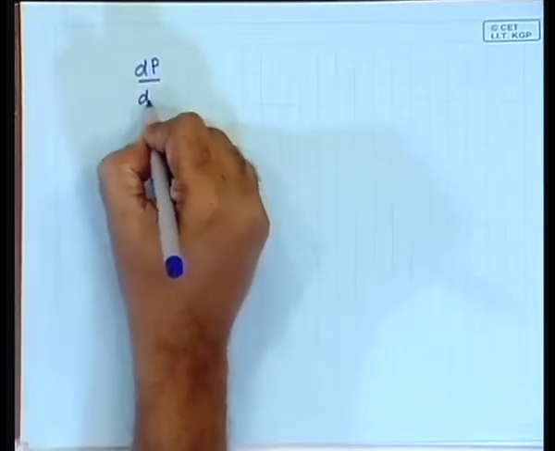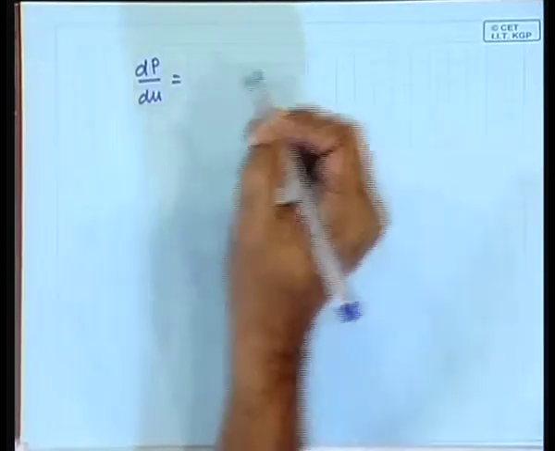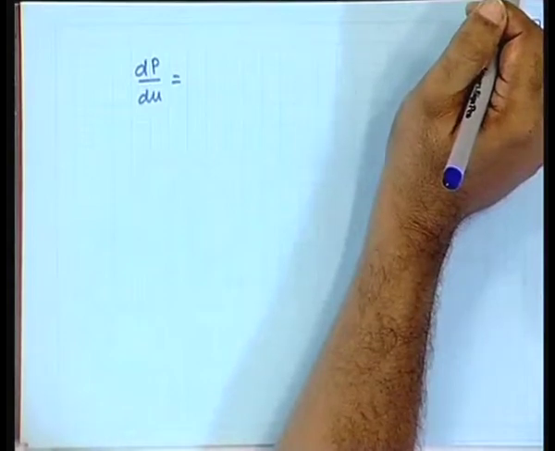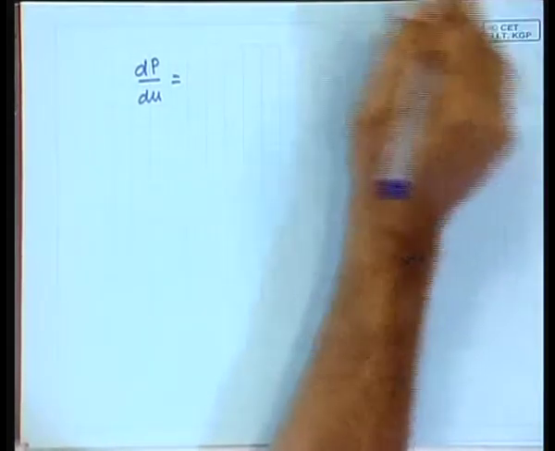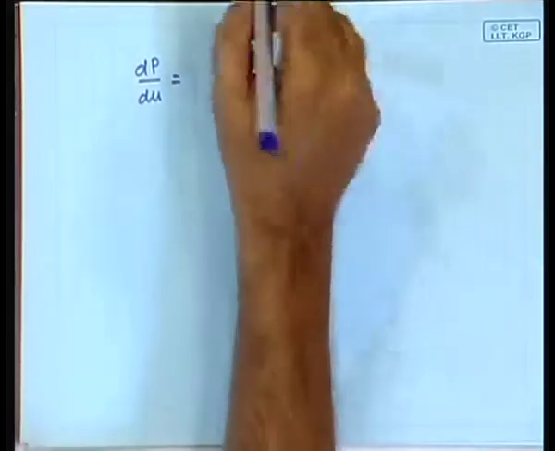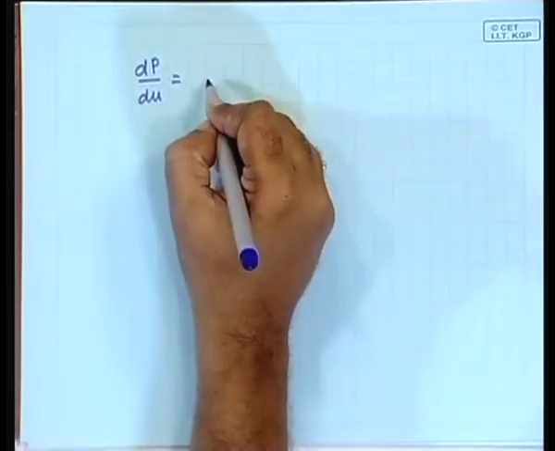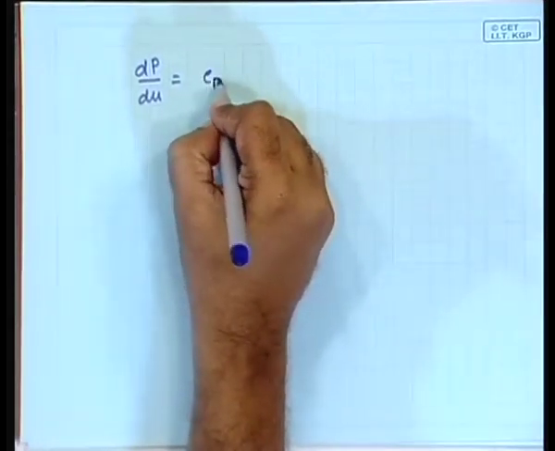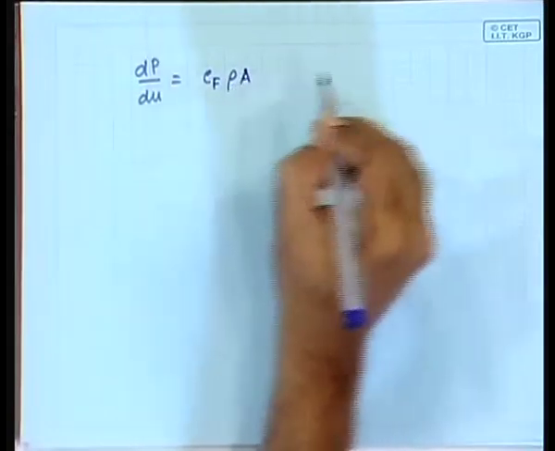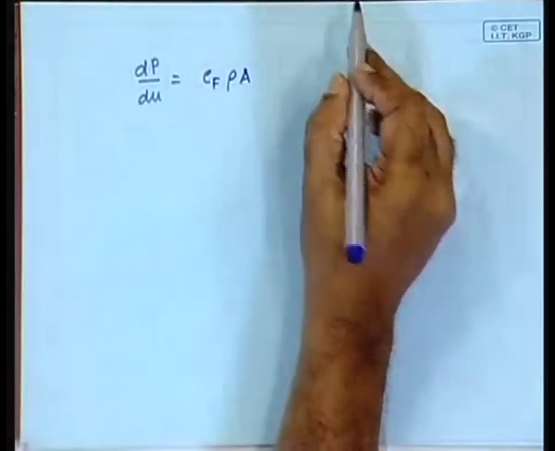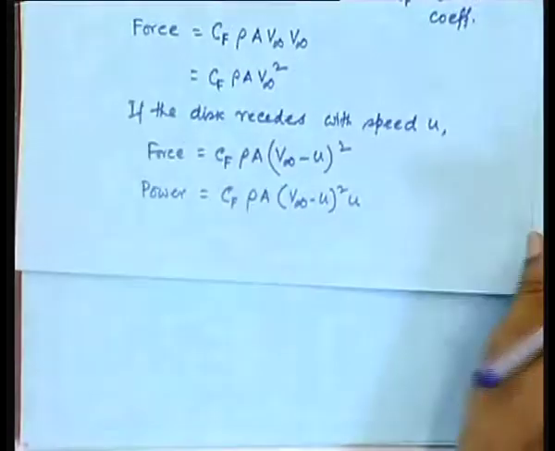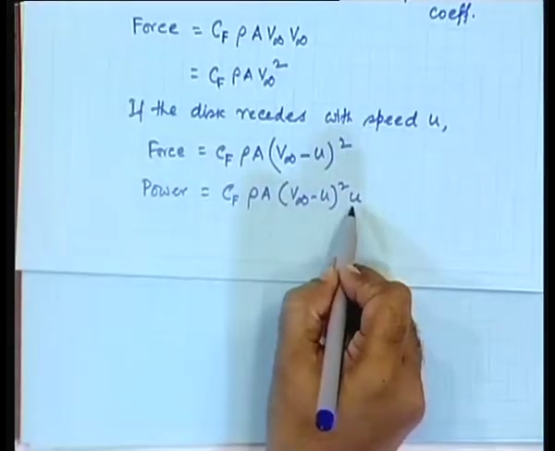So in this case dP/du, these things remain, Cf rho A, then you have to differentiate (V infinity minus u) square times u.